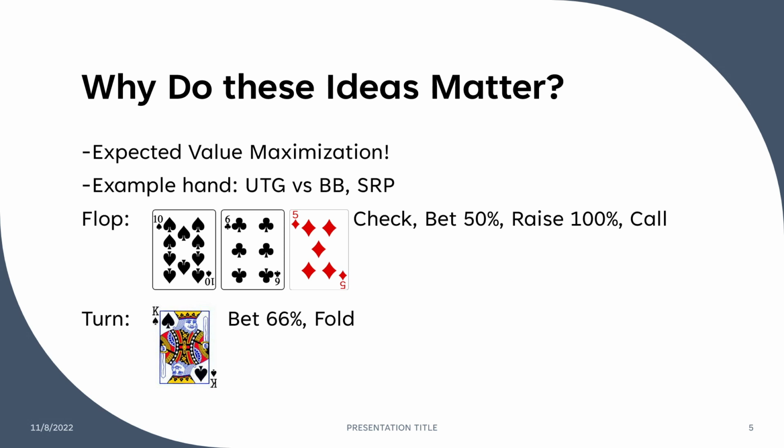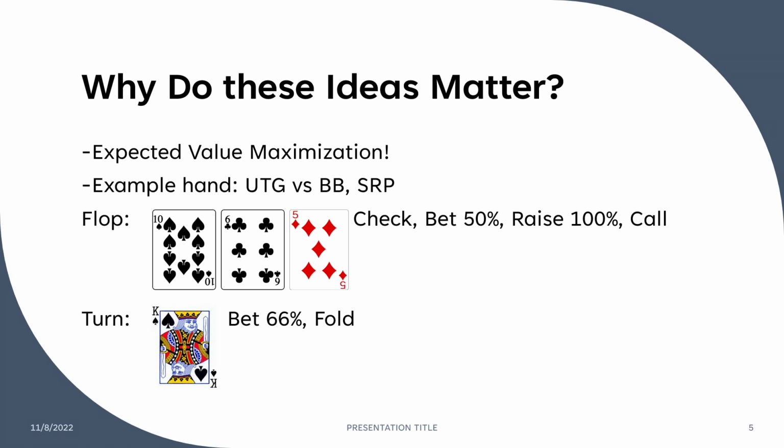So why do these ideas matter? Well, as with everything in poker strategy, it's used to maximize expected value. That should just be the answer for every single thing in poker strategy, and it sounds sort of elementary or obvious.